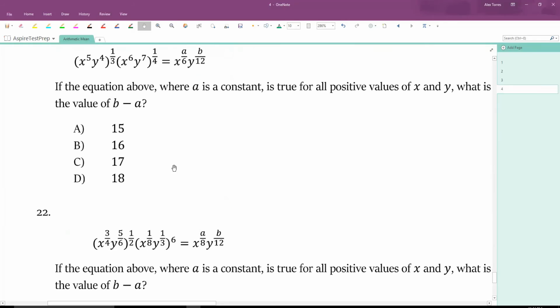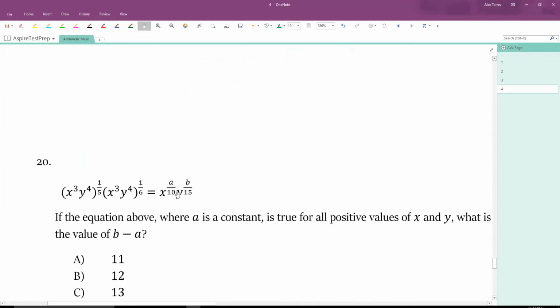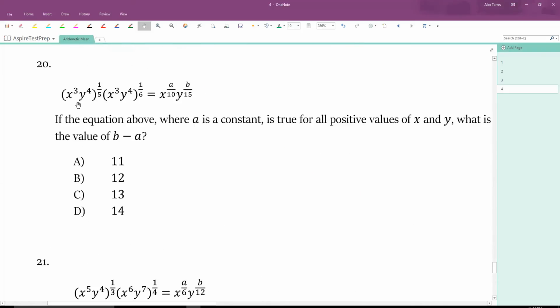Okay, so we just finished question 19. Now we're going over to question 20. Okay, so here, this 1/5 out here means that we would have to multiply all the exponents inside of that parentheses by 1/5. So 3 times 1/5 is 3/5. 4 times 1/5 is 4/5.